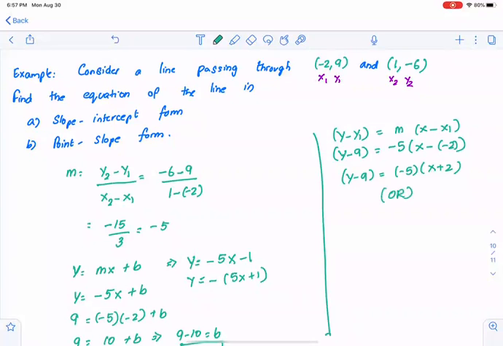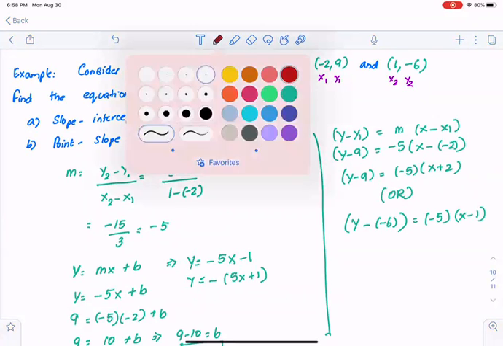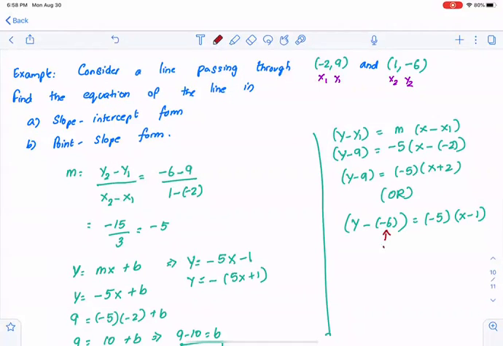And as I mentioned, I could also have y minus of -6, if I use the second point, y2, -5 is the slope, x minus 1. So in this case, I'm using y minus y2 equals m times x minus x2.